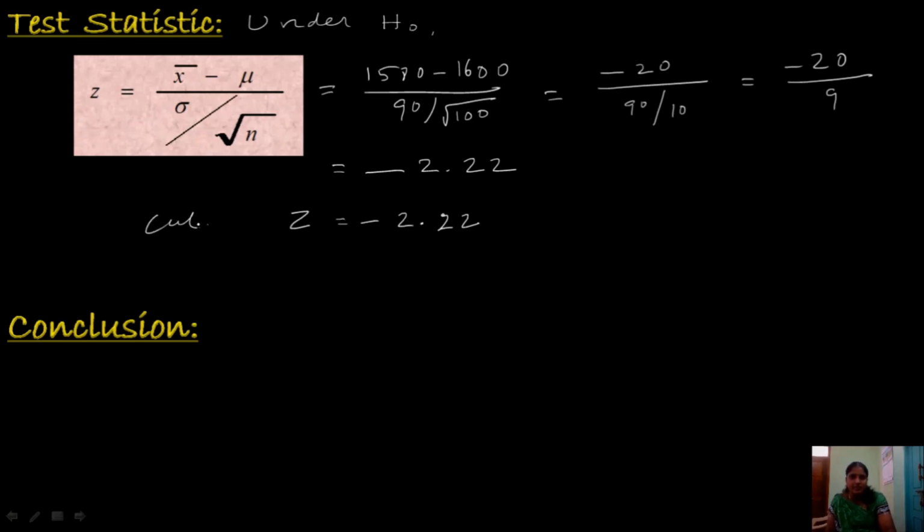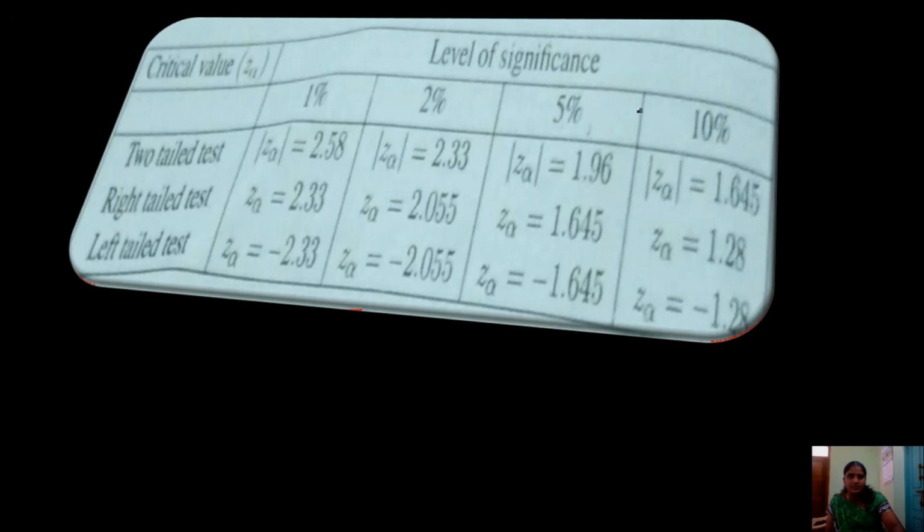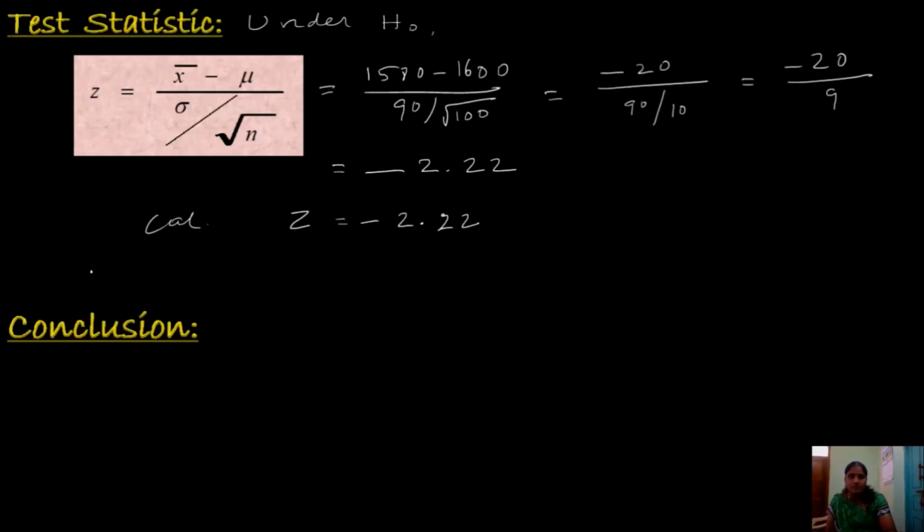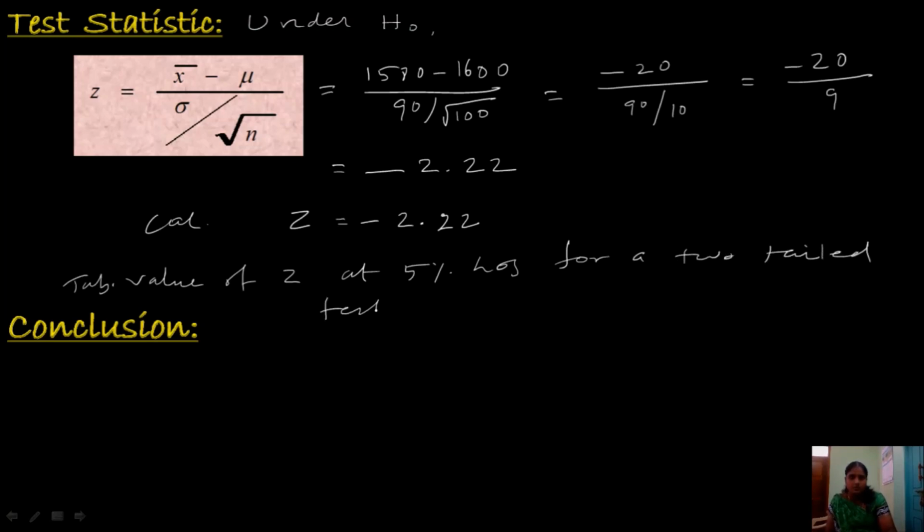This is our calculated value. Now we have to compare this calculated value with the table value. So for 5% level of significance in a two-tailed test, the value of z is 1.96. So the table value of z at 5% level of significance for a two-tailed test is 1.96.